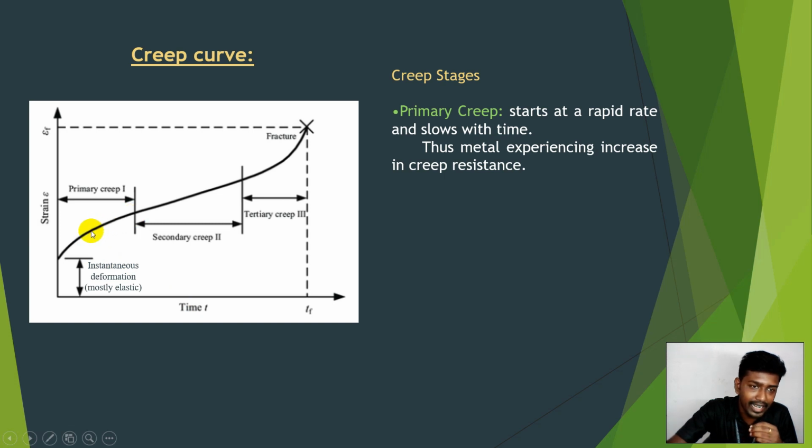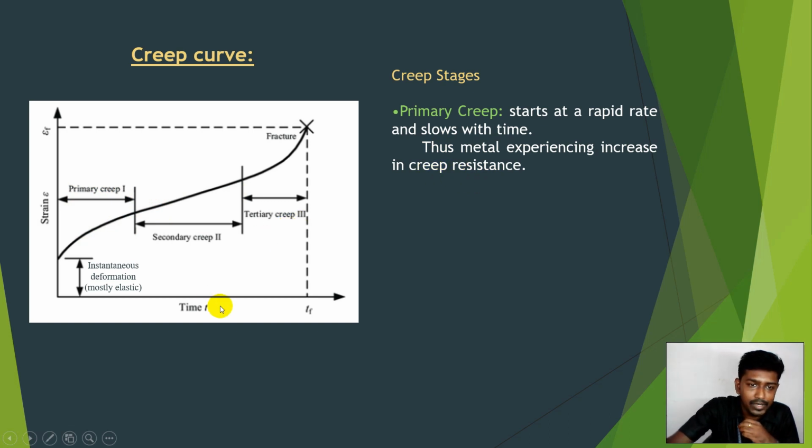The rate keeps on decreasing, and we can see this evidently from the curve. Thus the metal experiences increasing creep resistance because of the slowdown in strain with respect to time. So in the primary creep, the metal is resistant to creep.